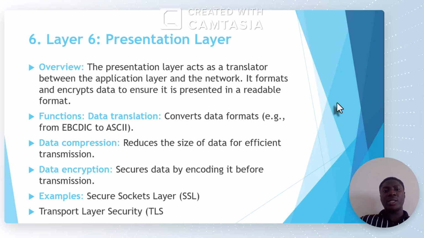Some of the functions: data translation converts data formats, for example from EBCDIC to ASCII; data compression reduces the size of data for efficient transmission; and data encryption secures data by encoding it before transmission. Examples: Secure Sockets Layer, SSL, and Transport Layer Security, TLS.